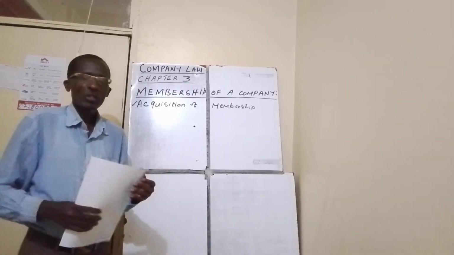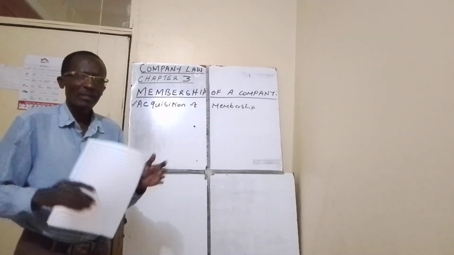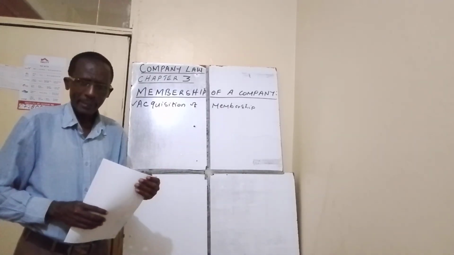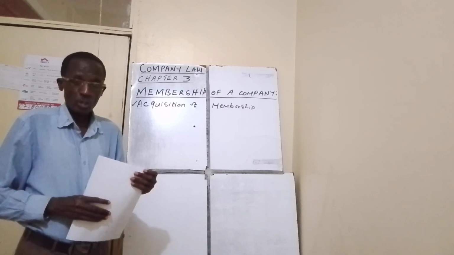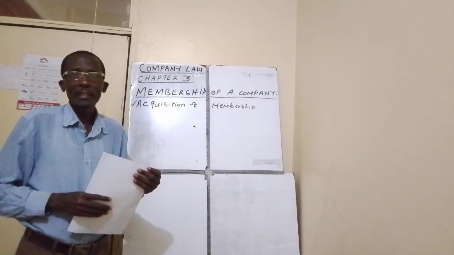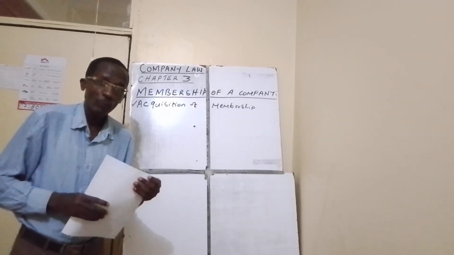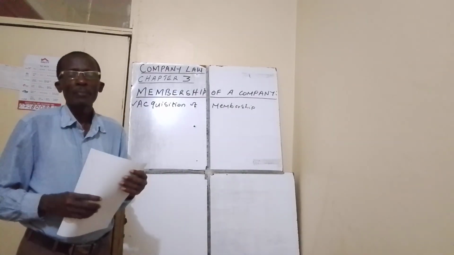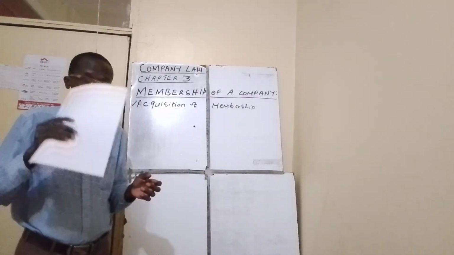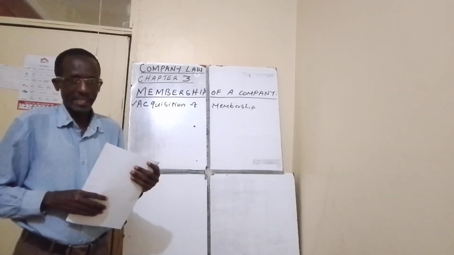Within the process of company incorporation, or the process of registering the company, there are those names which will appear in the Memorandum of Association. Such names appearing in the Memorandum of Association will be deemed to be members of that company. They will be deemed to be shareholders automatically.